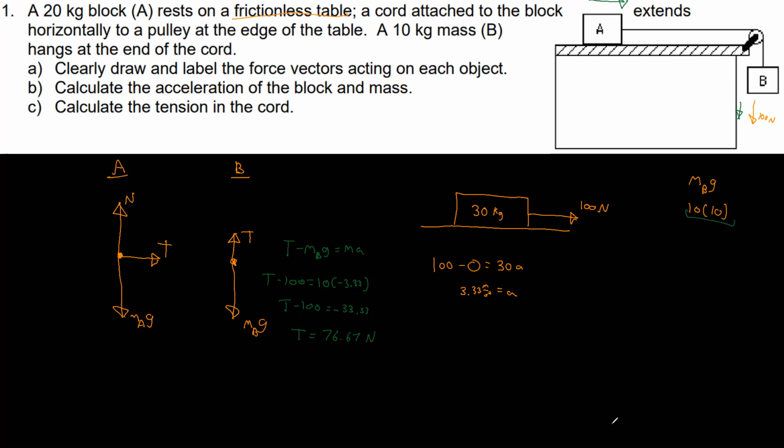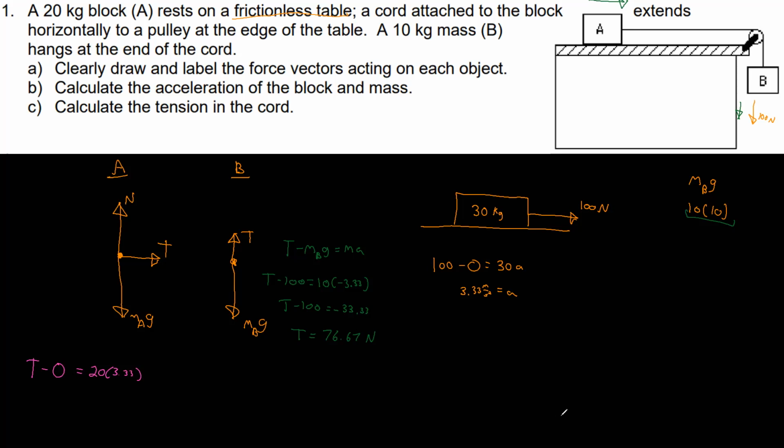Now, like I said, if I use block A, I should get the exact same thing, because for block A, it's right minus left equals its mass times its acceleration. Wait, not 76. What am I talking about? 66.